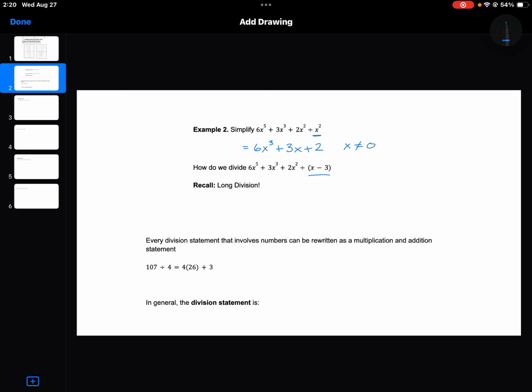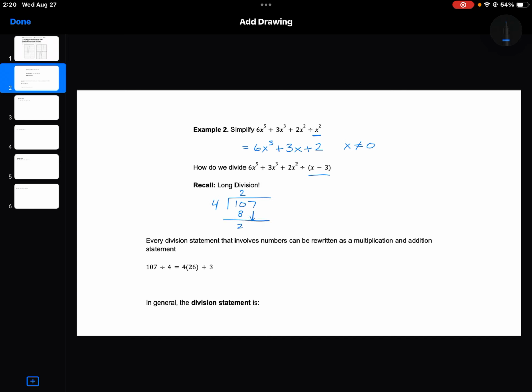But what happens when we have a binomial that we're trying to take out? Well, in this case, we have to remember our long division. So if I had 107 divided by 4, I would look at 4 going into 10. I would say, okay, that goes in twice. 2 times 4 is 8.